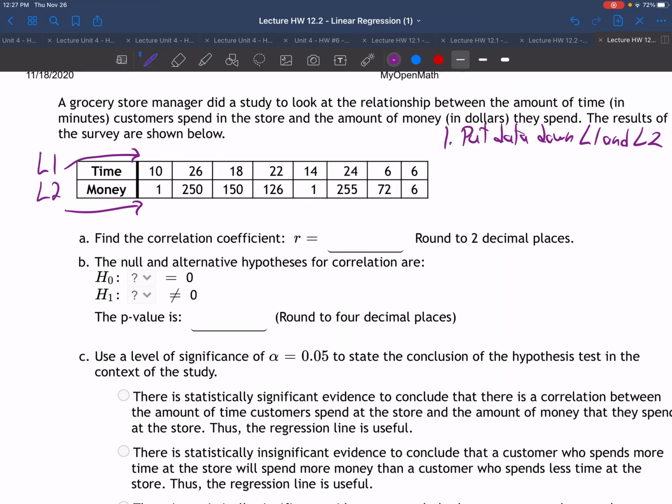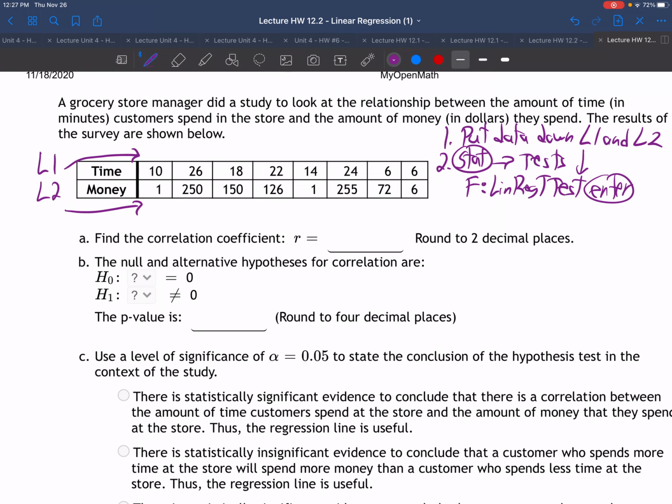All right, and then hit stat, go over to tests, go down to, what number is it? It is F on my calculator, probably same on yours. Linear regression t-test, and hit enter. You get all the information you need.